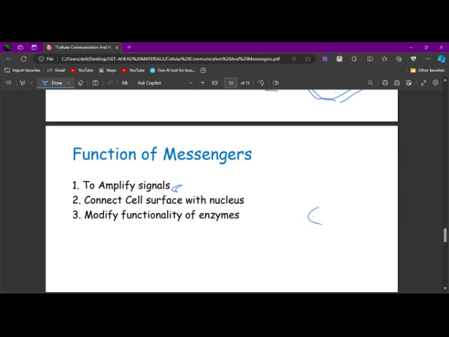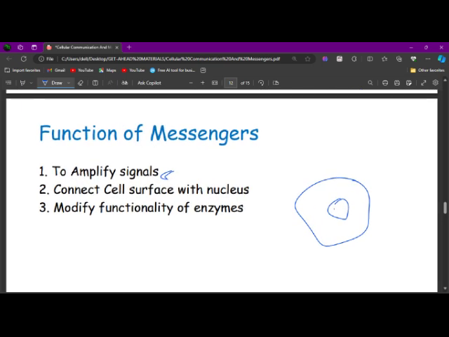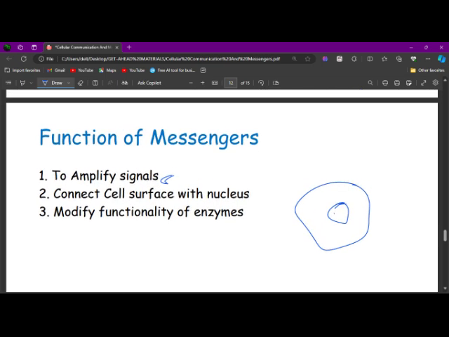Like we said, the cell nucleus is responsible for maintaining the action of the cell, so to say. So, how does the nucleus control things that are happening on the cell membrane? Receptors and messengers can be used either from the nucleus to the cell membrane or the other way around. So, this is how we connect the cell surface to the nucleus.